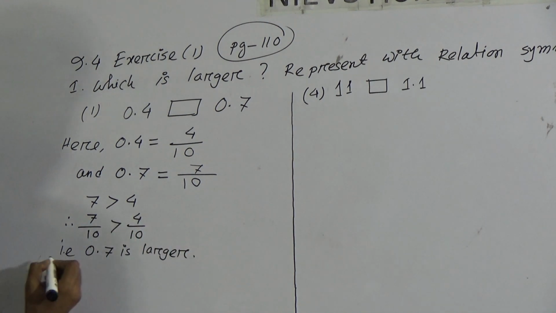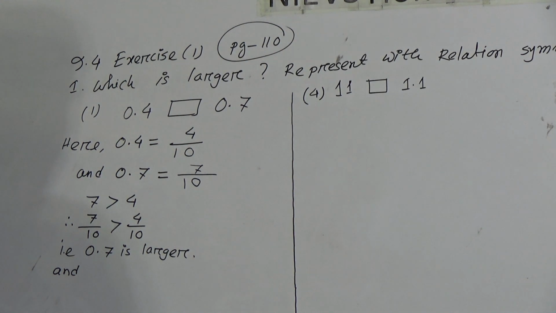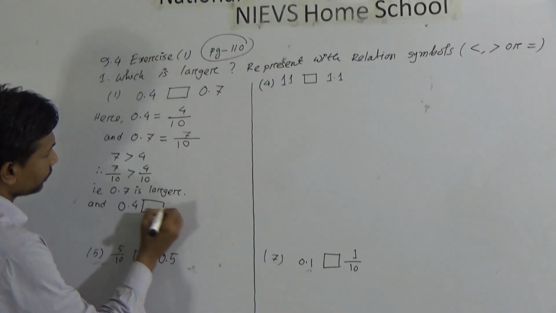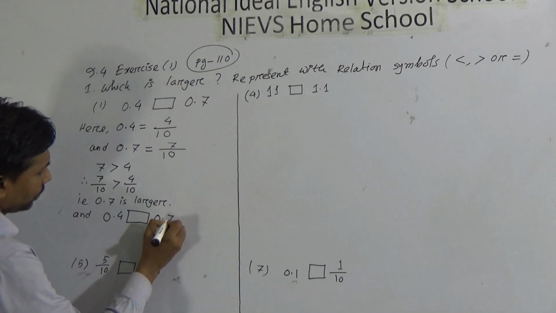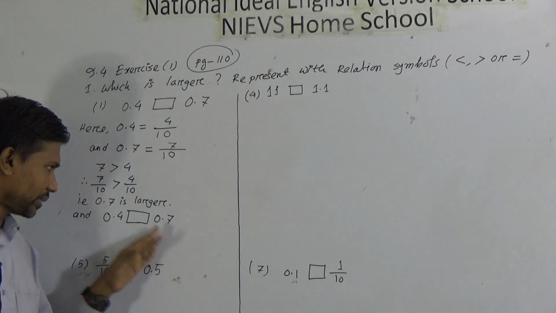And the second step, represent with relation symbol: smaller than, greater than or equal sign. Obviously you see 7/10, that means decimal 7 is bigger. Which one is the larger? 0.7, this is the larger.